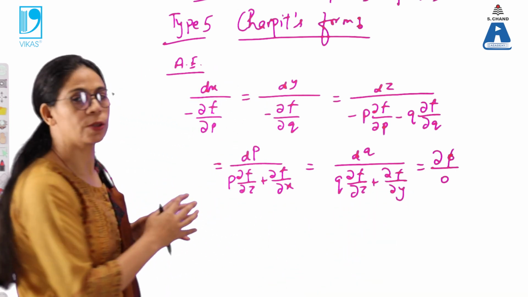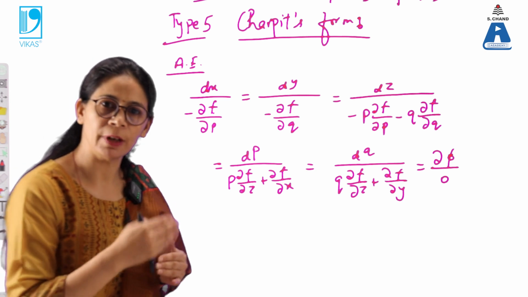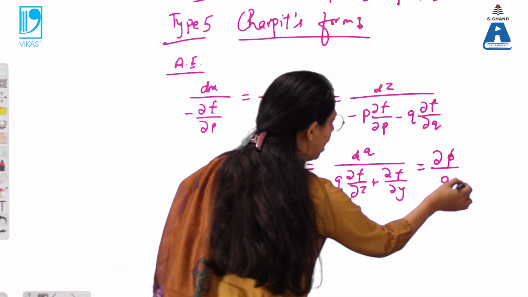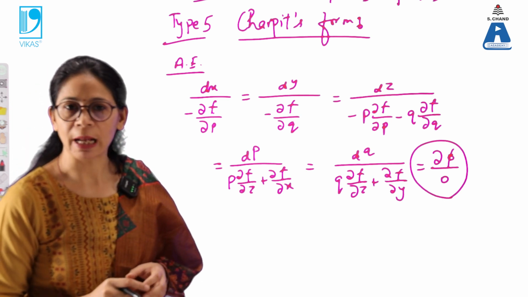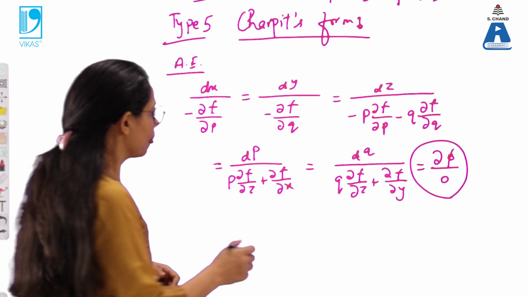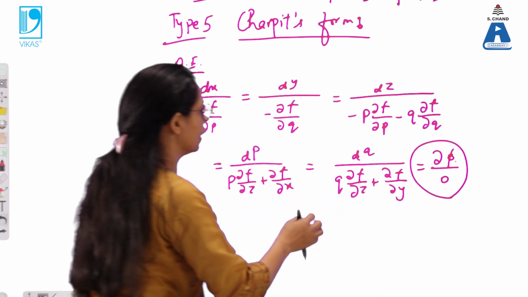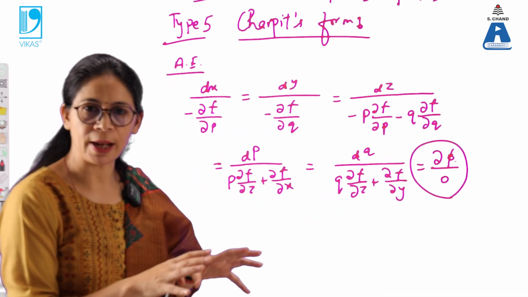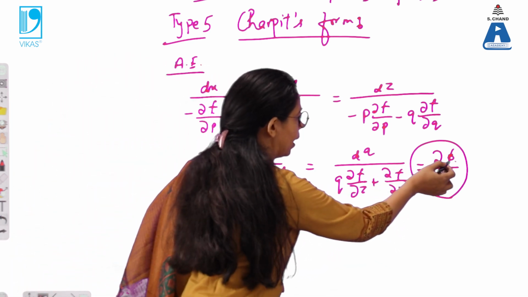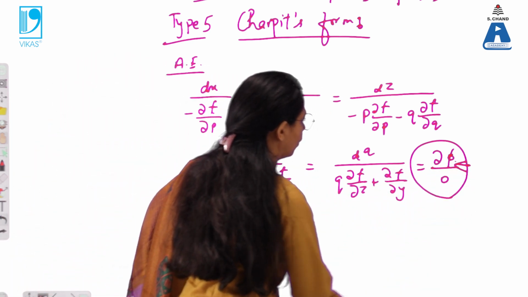These are the auxiliary equations formed from the given differential equation. Now phi is the relation in x, y and z, so if we need to find any such relation, this can be used.